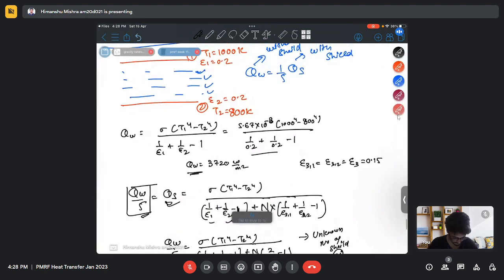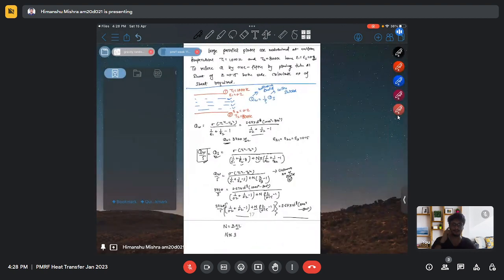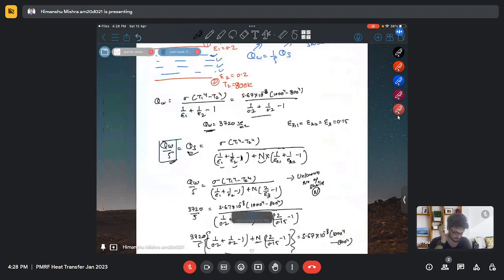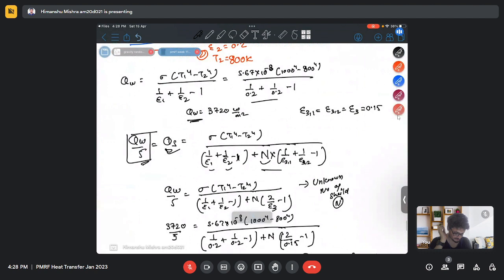So in this question we have been given two parallel plates. We have been given the temperature and emissivity of the two parallel plates, and then we are asked to place a number of shields between them such that the heat transfer is reduced by 1/5. So we use this expression in case we don't know how many radiation shields we need to fit. You can just remember this expression.